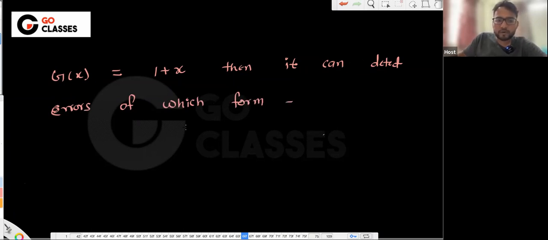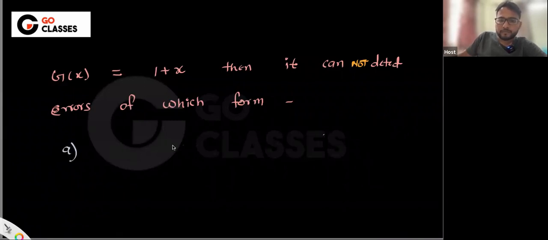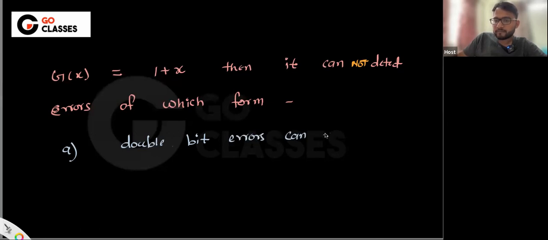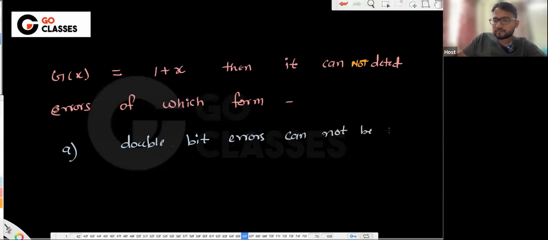Let's suppose they are asking which it cannot detect. A is saying double bit error, I mean, errors in 2 bits. Double bit errors cannot be detected. If the error is in 2 bits, then this generator cannot detect.